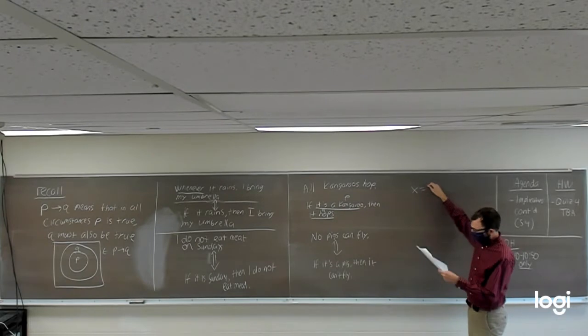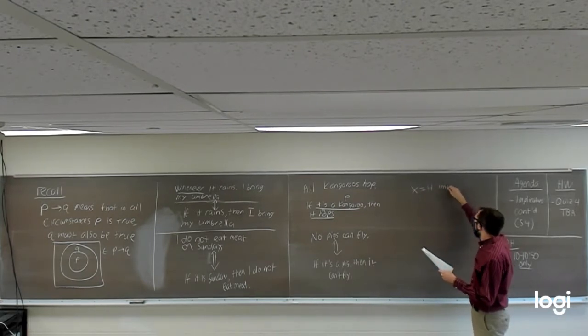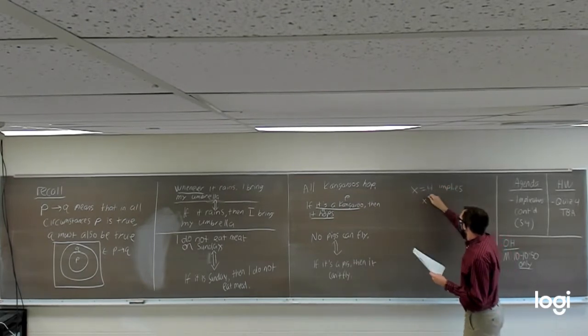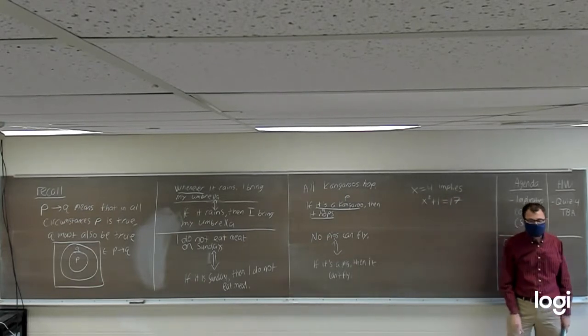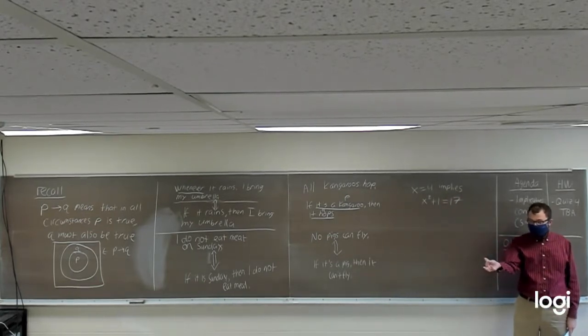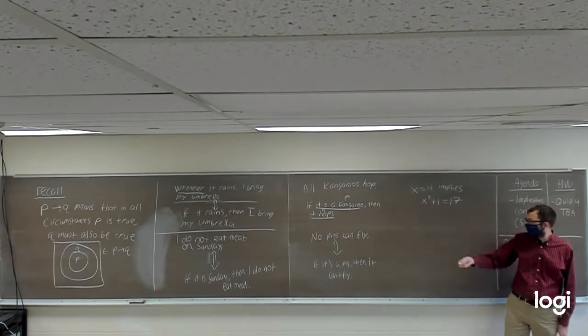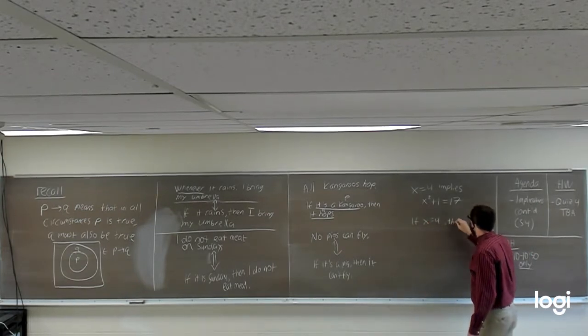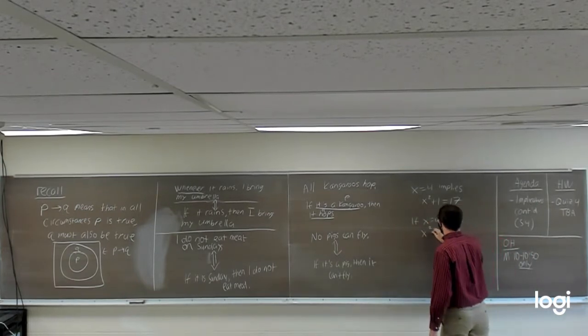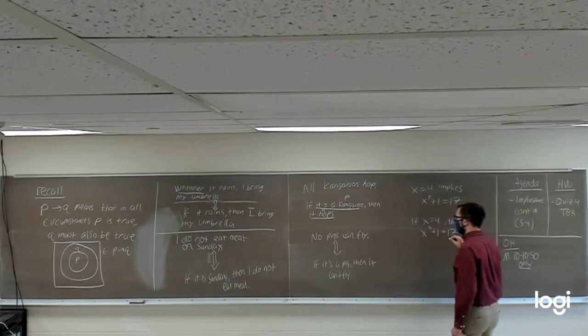And finally, x equals 4 implies x squared plus 1 equals 17. If x equals 4, then x squared plus 1 equals 17.